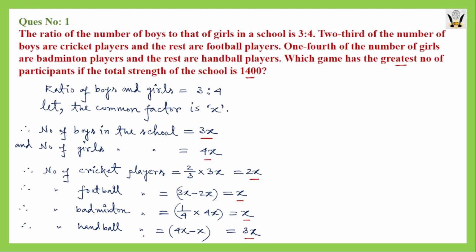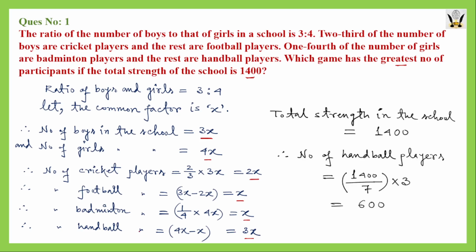And if we want to find it in real figures, then the total strength in that school is 1400, and among those 1400 students, how many are handball players? If we do the sum, 3x plus 4x, that is 7x in total, 7x of all the boys and all the girls. And among those 7x students, only 3x play handball.